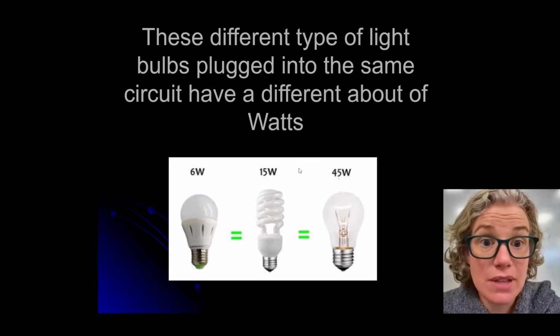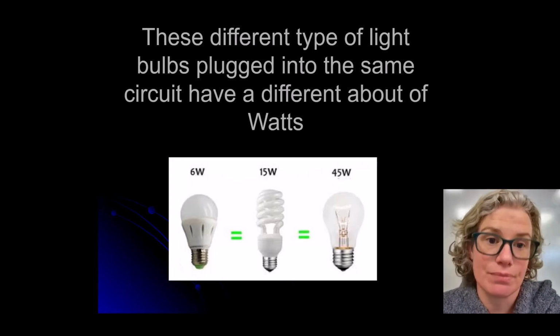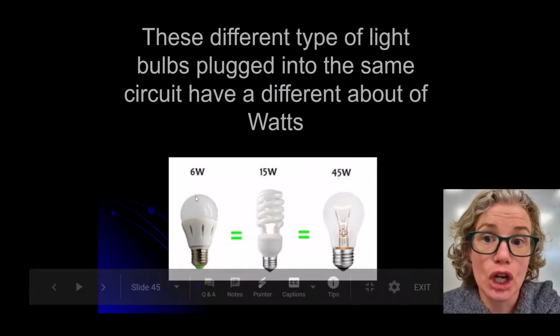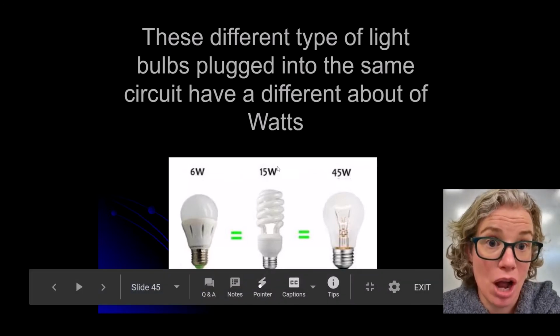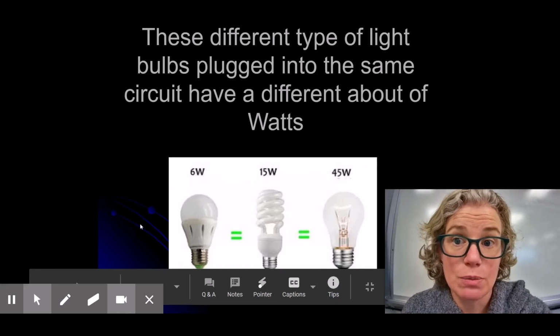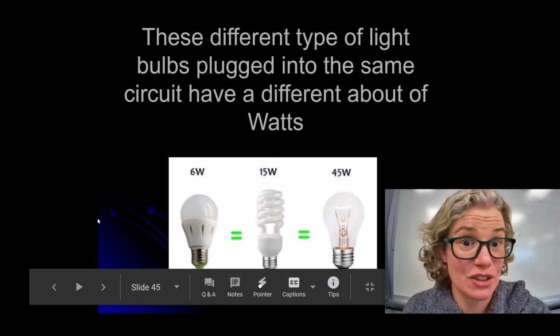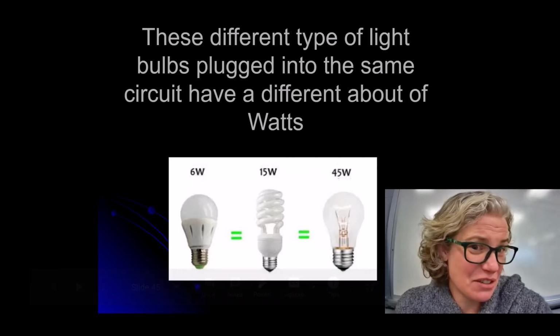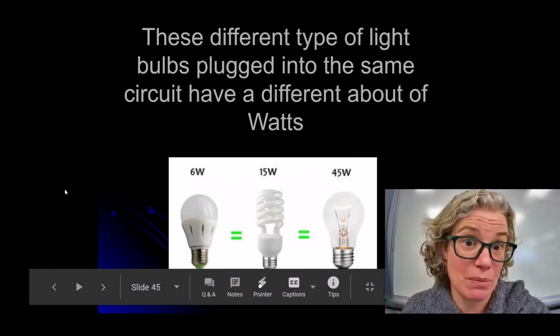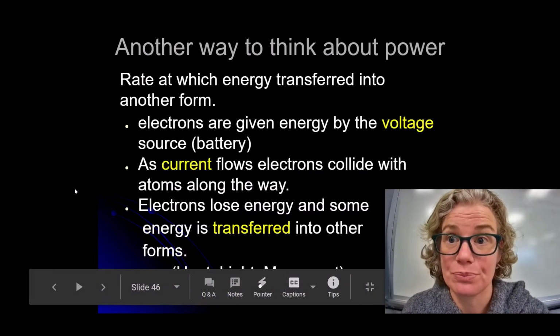The voltage has to be the same because they're all plugged into the same circuit. So what's different? The current: how much current each one of these light bulbs draws. In a different video, we'll explore what these different light bulbs would do to the cost of electricity, like what you're going to pay on your electricity bill as a result of which light bulb you choose to have in your house.